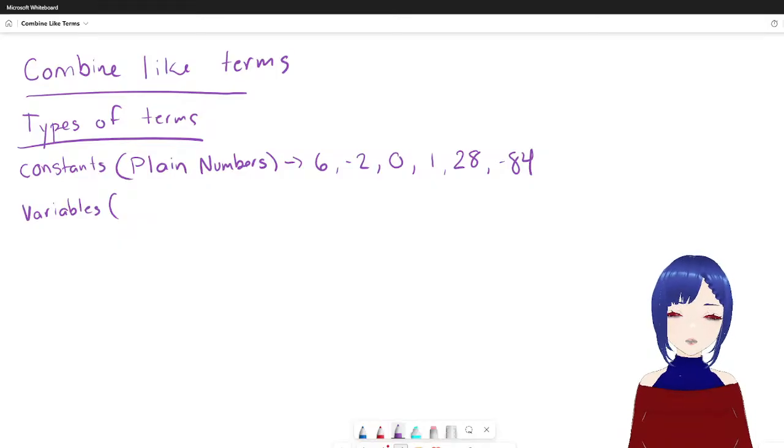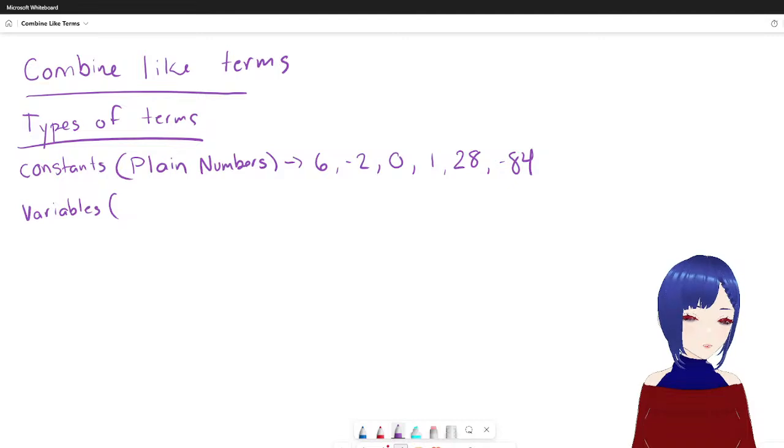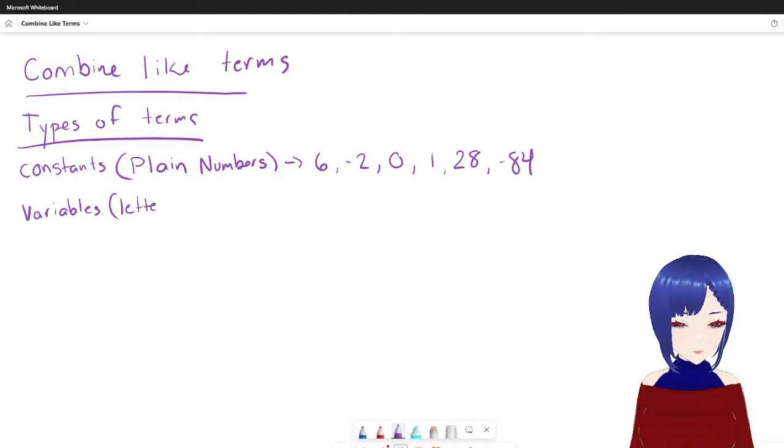The boxes or shapes you would draw to hold that place also technically are variables, because they were placeholders for the number you were looking for. But typically, we use letters once we get farther on.